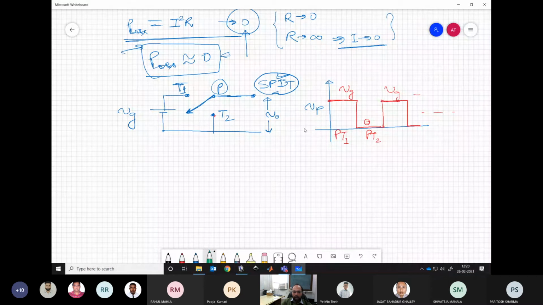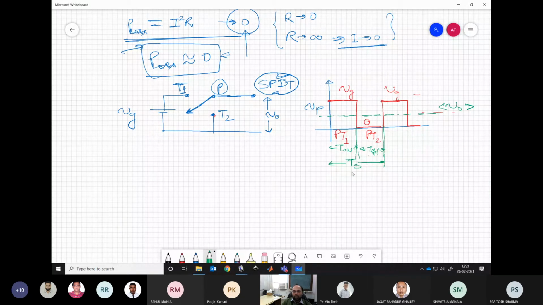Now, if I ask you what is the average voltage applied at the load, let us say VO average, and we have these time periods defined very well. Let's say this is T on and this is T off. And the total time, let's call this TS, the switching cycle time period, is maintained constant.